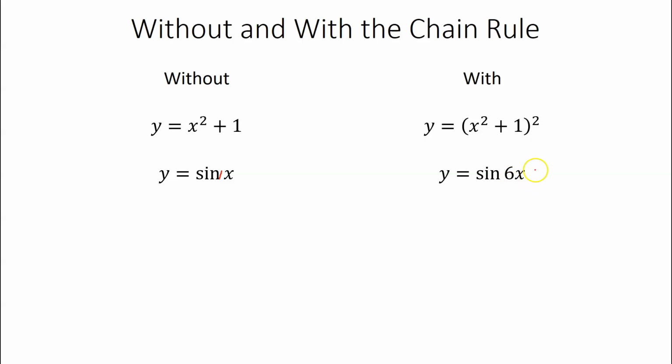But here, I'd have to use the chain rule. And I will say, out of this whole section with the chain rule, these are the ones that I have students trip up the most. They forget that this is a function inside of a function. There's just a linear function. Here is a linear function inside of a fourth degree function. So it's a function inside of a function.